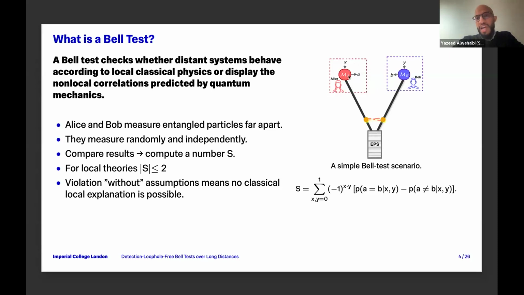And then from the measurement outcomes, labeled here A and B, they will do the experiment again and again, and from these measurement outcomes they will get the joint probability distributions for the different outcomes A and B. From these joint probability distributions they compute a number, which is the Bell parameter S. For local theories this number has to be less than 2. A violation of this means these correlations cannot be obtained by classical means.